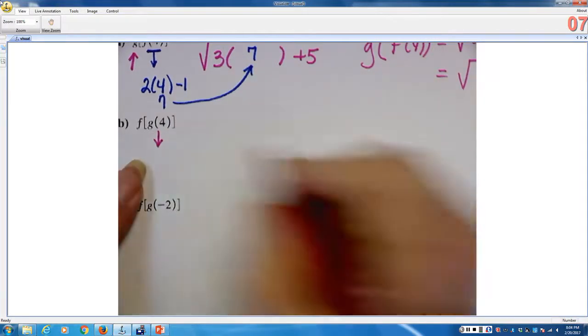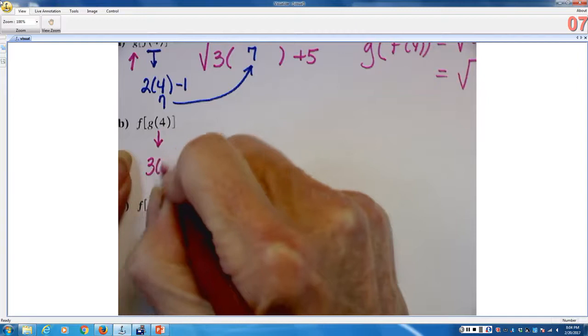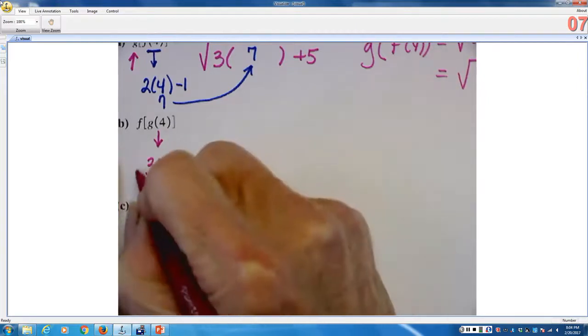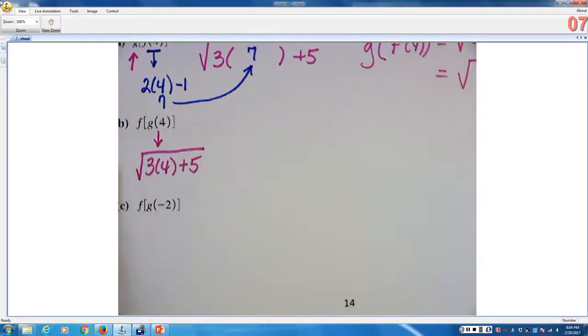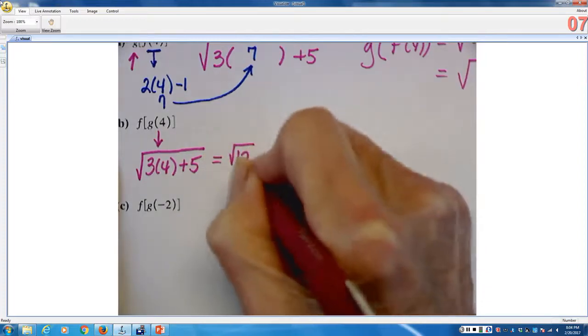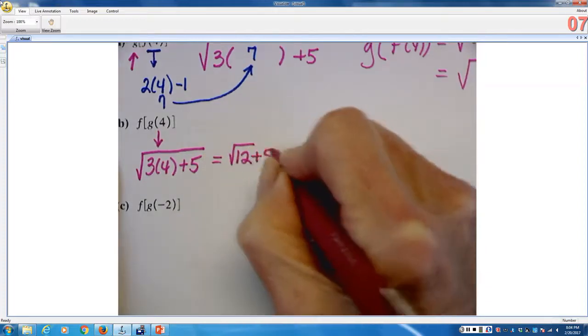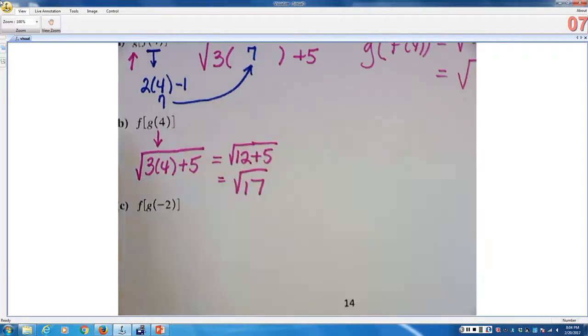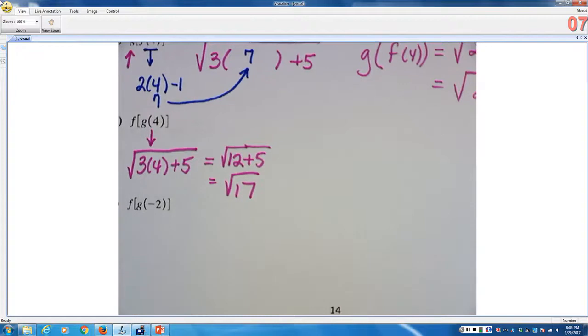Well, 3 times 4 plus 5, and take the square root of it, which is the square root of 12 plus 5, which is the square root of 17. So g does its job with 4. It says, okay, square root of 17, here you go.